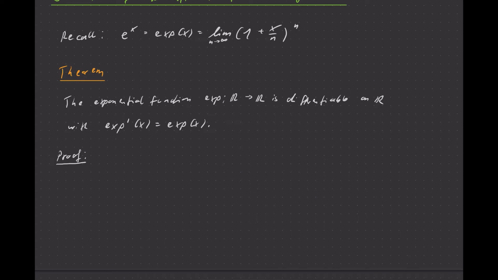So we start with a more general statement, and that is, consider a, b, two numbers in R with a less or equal to b, and both numbers non-negative, and consider some n in N, the natural numbers.